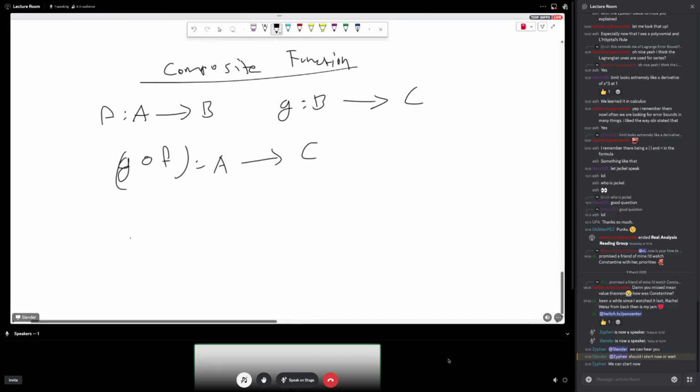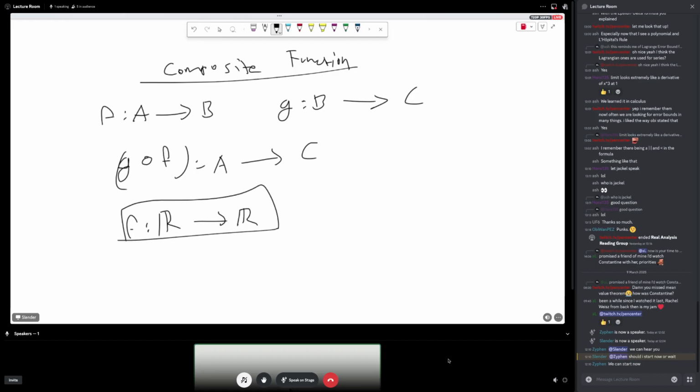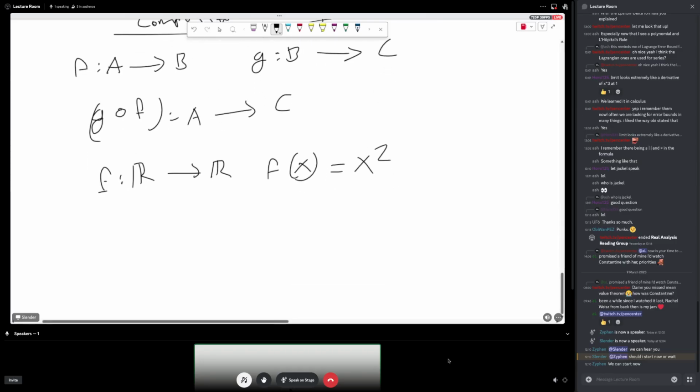For example, let's say I have a function f that maps from real numbers to real numbers. So this is how we write a function that maps from real numbers to the real numbers. And then we use f of x is equal to x squared. This is our function f. And then we have another function g, let's say this is 1 by x.